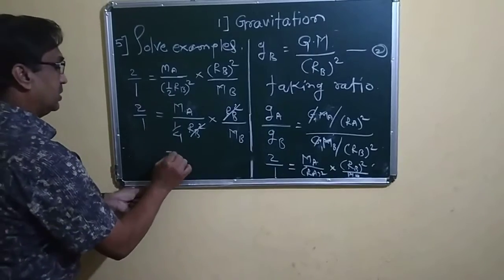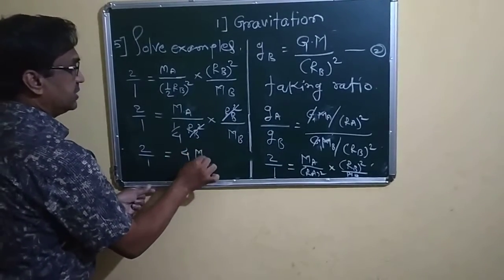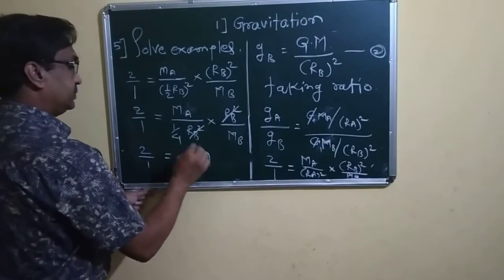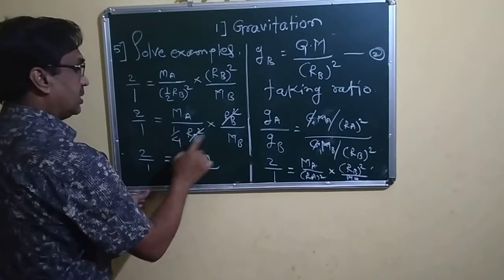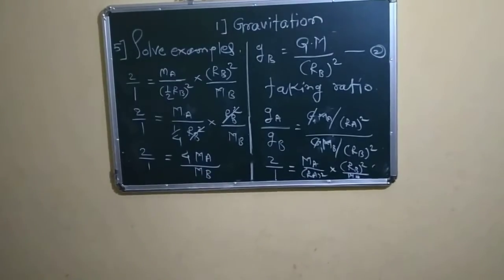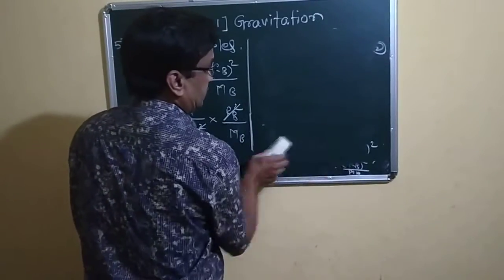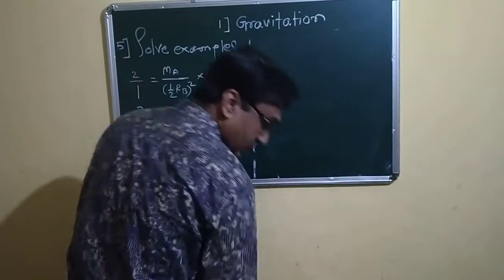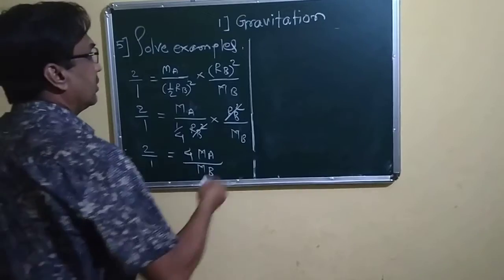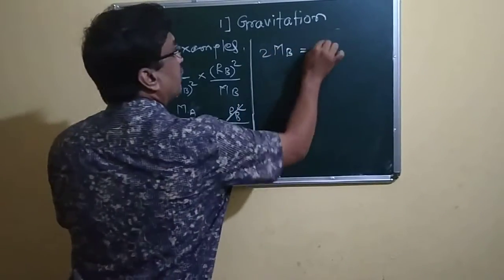This 4 goes to the upper side, that is 4 MA upon MB, and in this way twice MB is equal to 4 MA.